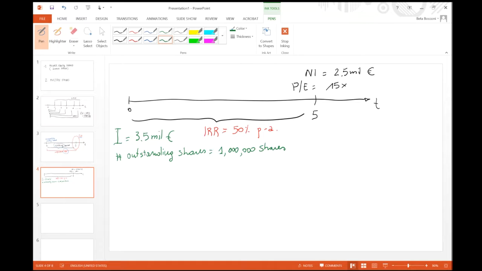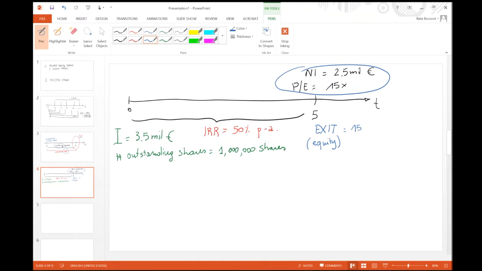So, how to put together these pieces of the puzzle? First of all, it is easy to understand that we can calculate, given the final exit elements, the net income and the price earning, the exit value of the company. This is the equity value, because we are applying a multiple of equity to a net income.